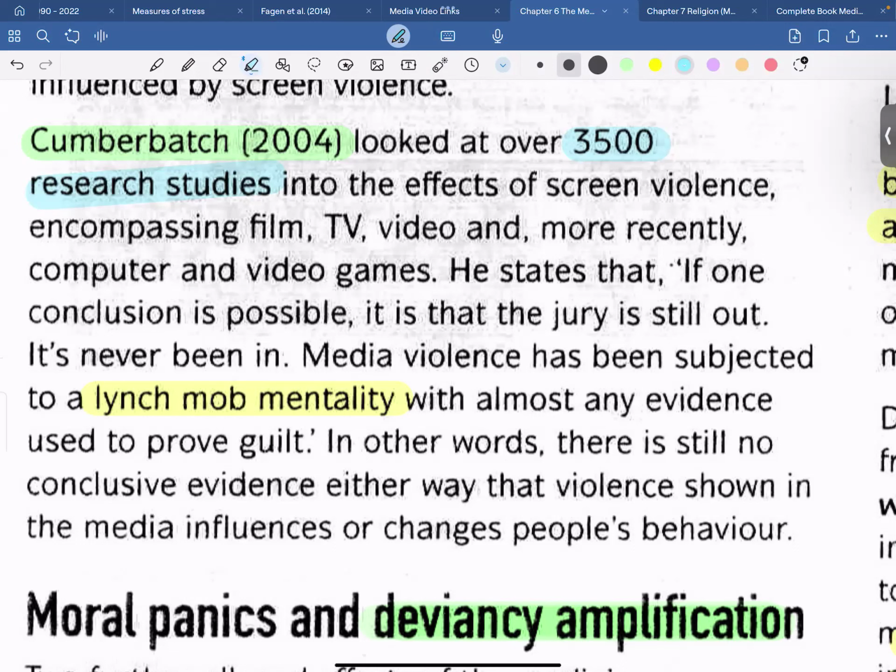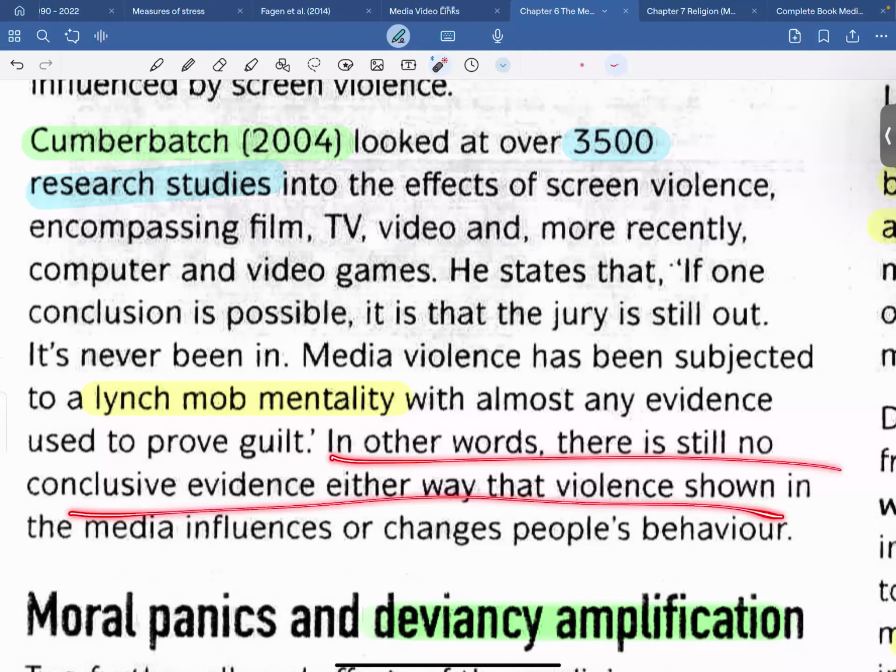Cumberbatch states that if one conclusion is possible, it is that the jury is still out. It's never been in. Media violence has been subjected to a lynch mob mentality, with almost any evidence used to prove guilt.